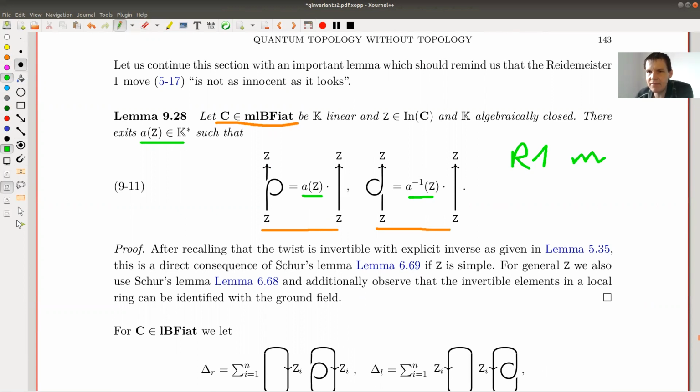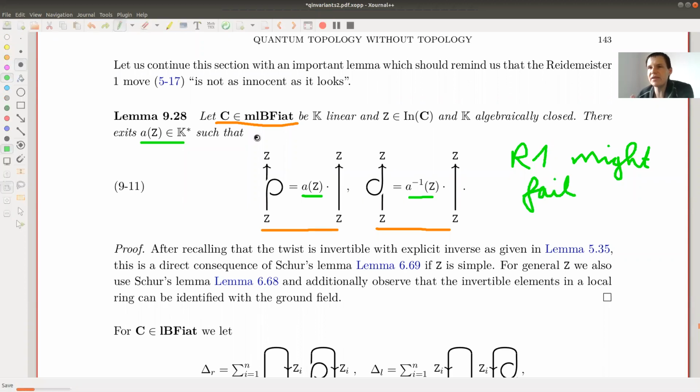It might fail, and it's not so bad. It fails up to a scalar, which usually means you can rescale it. But you just need to always be careful about Reidemeister 3. Reidemeister 3 is a little bit like the small bad brother of Reidemeister 2. It usually behaves not as nicely as Reidemeister 2.